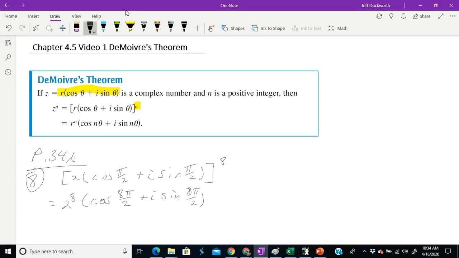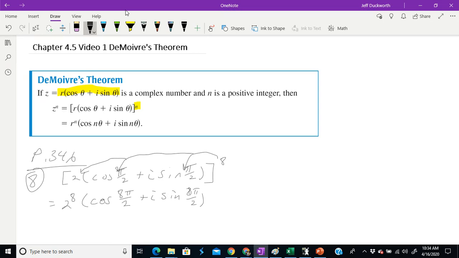So the 8 just gets dropped in to these two spots, as well as the exponent here. So that's what we're doing. We're going to do the same thing when we do a square root in the next video. All right, so this is what we have, but we still need to solve it.